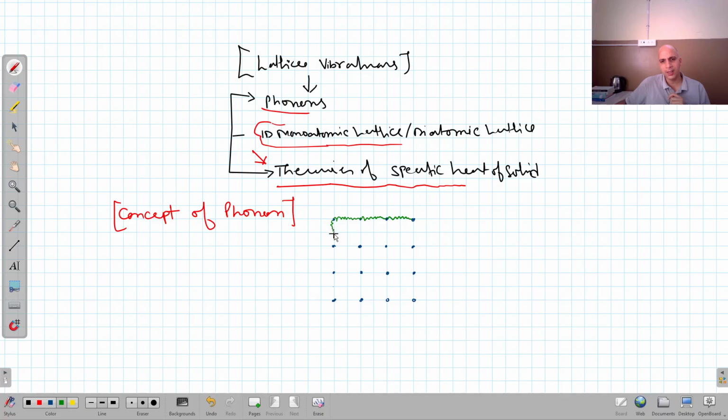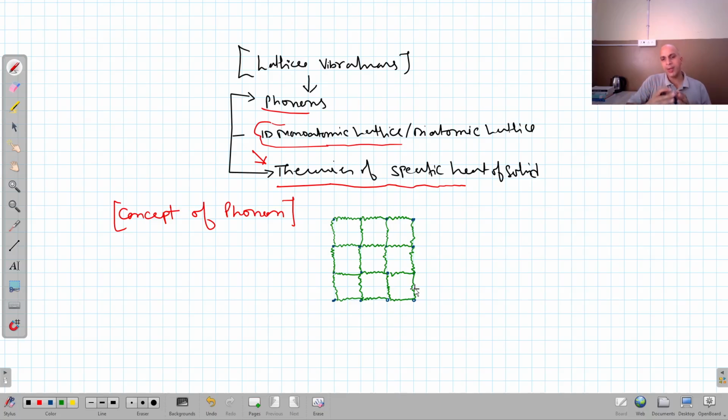Why are they elastic strings? I will explain why we are calling them elastic strings or springs. You can see here, all the individual atoms are connected with each other.